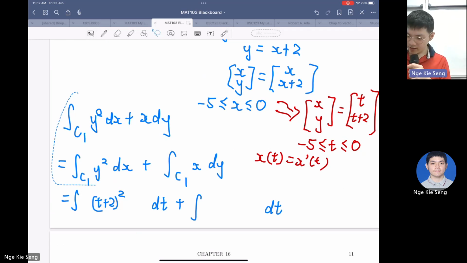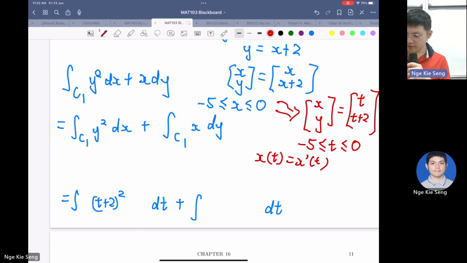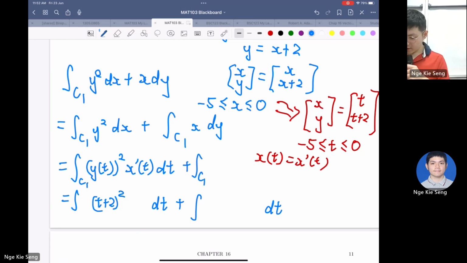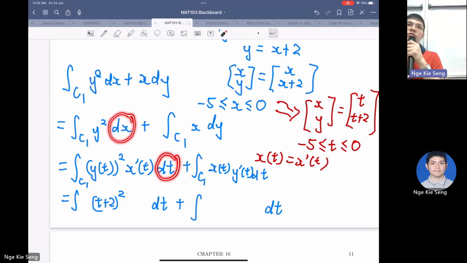Maybe let me write down the formula first so that you know what's going on. Integrate y in terms of t squared times x prime t dt, plus the integral over C1 of x in terms of t times y prime t dt. So you can see that from the x coordinate we go to the time variable, and from the y coordinate we go to the time variable.